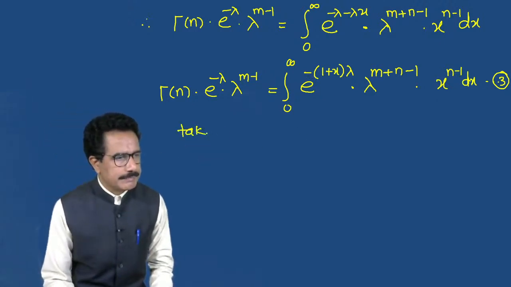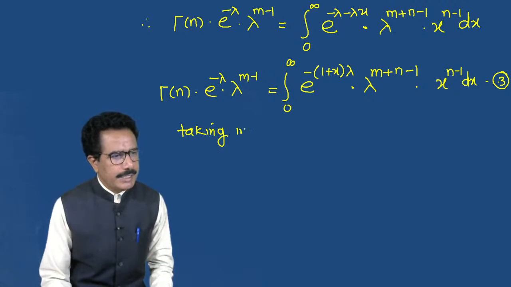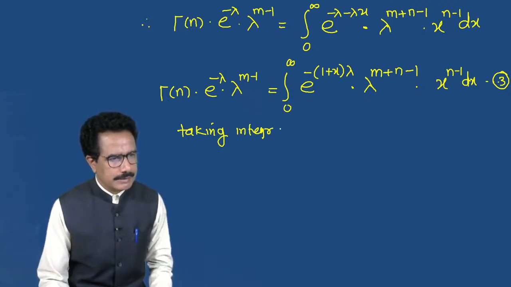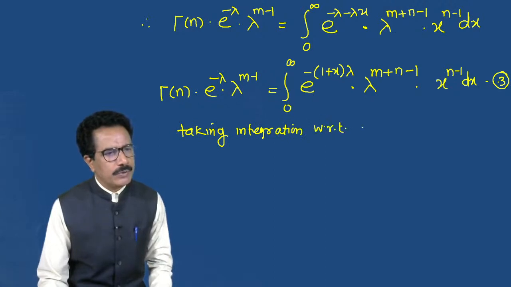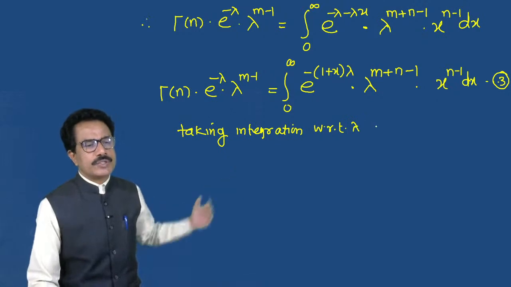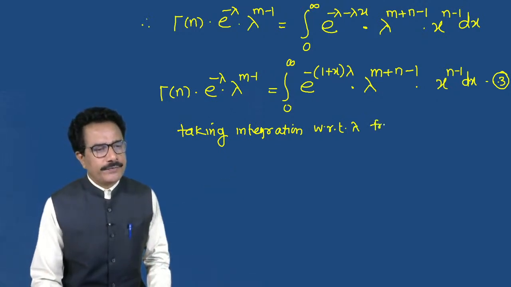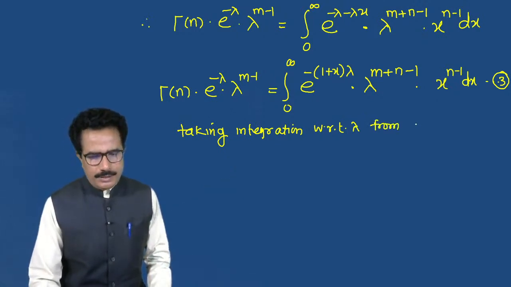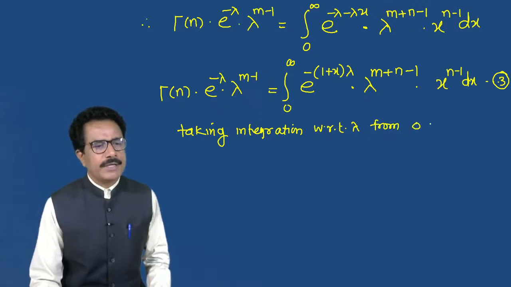Taking integration with respect to lambda. See this, taking integration with respect to lambda from lambda is 0 to infinity, lambda is equals to 0 to lambda is equals to infinity.